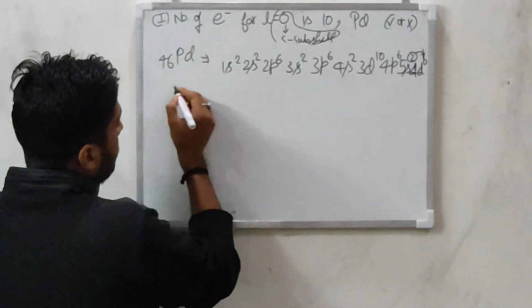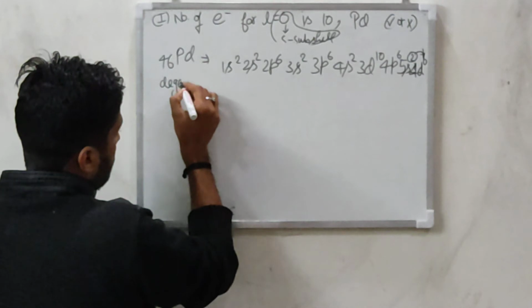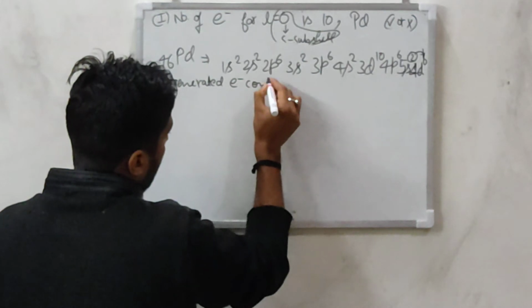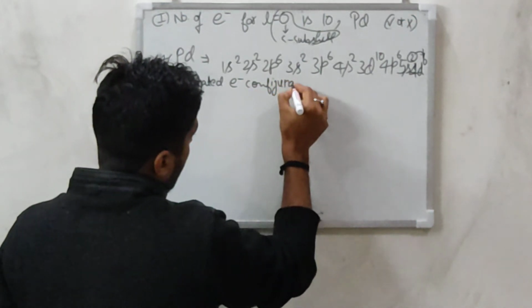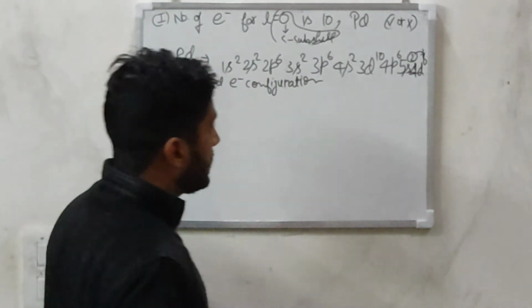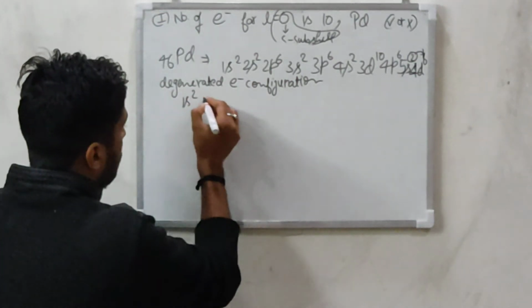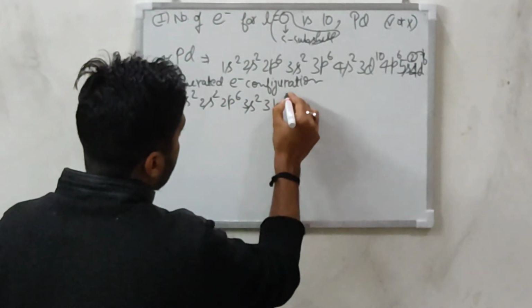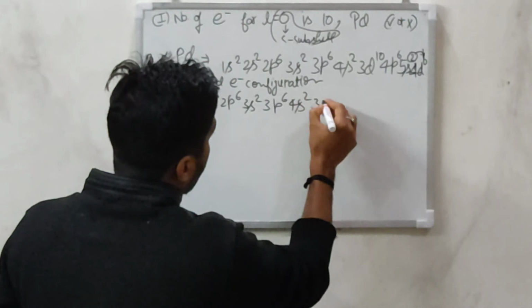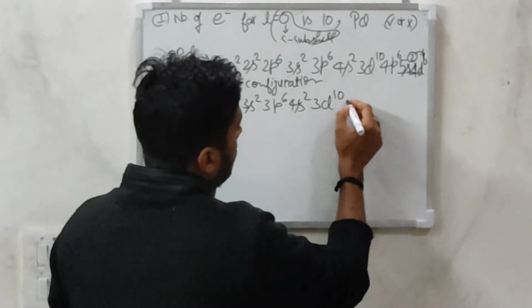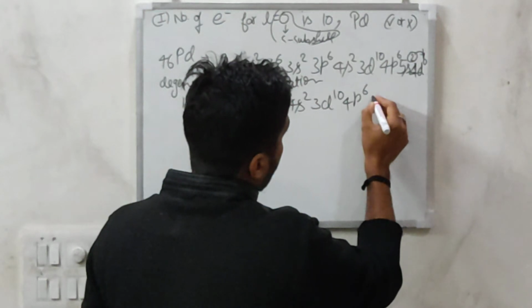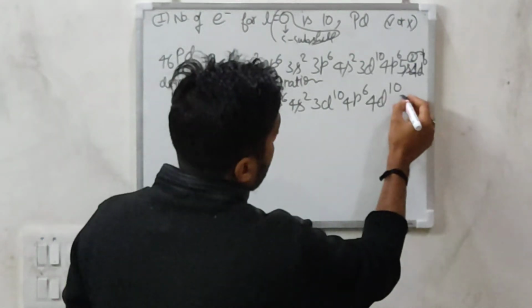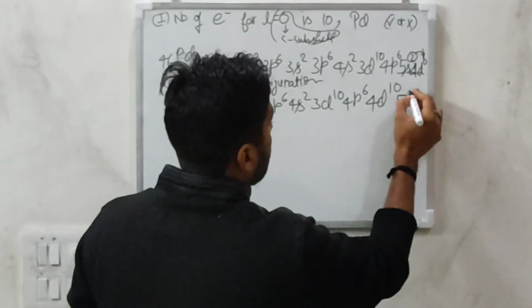So what will be the actual electronic configuration? It will be 1s2, 2s2, 2p6, 3s2, 3p6, 4s2, 3d10, 4p6 and 4d10. Here 5s will have no electron.